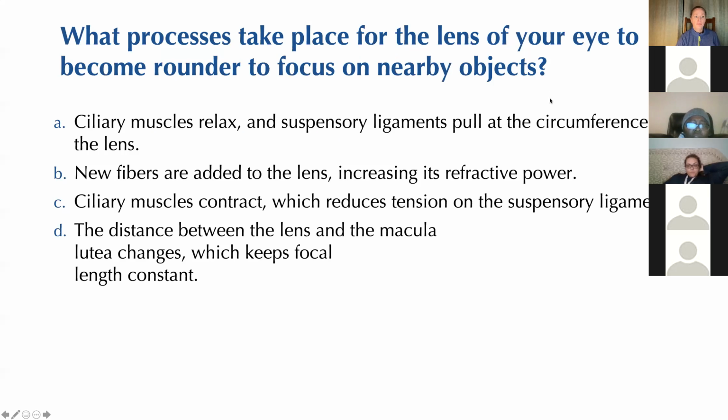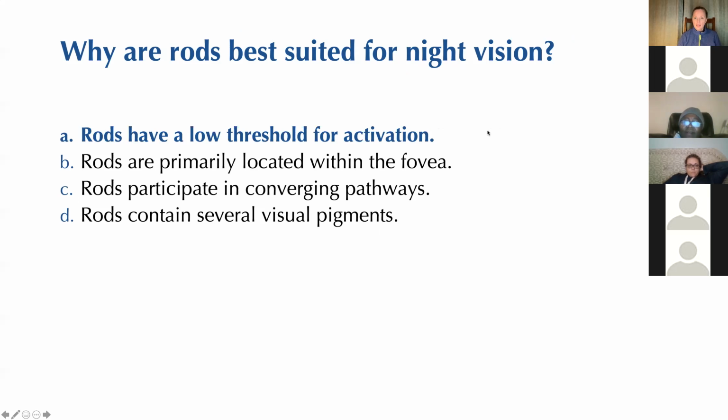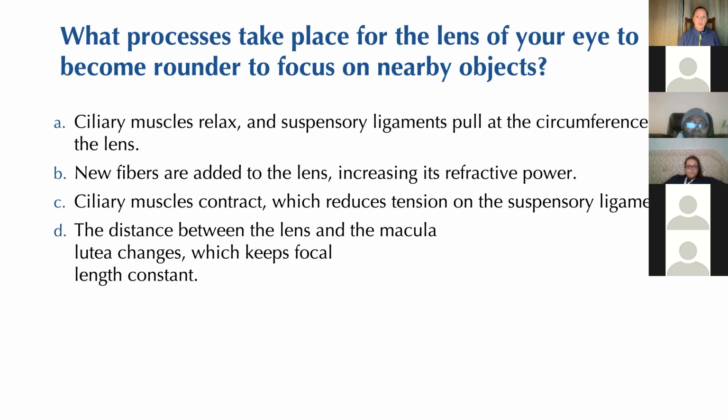Okay, so that's the answer. What processes have to take place for the lens of your eyes to become rounder and focus on nearby objects? Do the ciliary muscles react and the suspensory ligaments pull at the lens tighter?